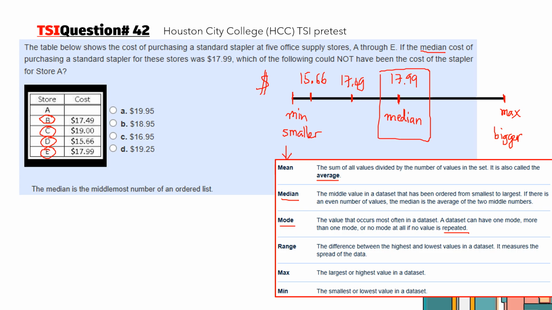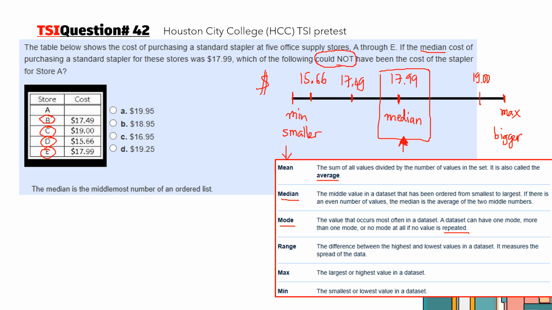Okay, so the question is asking which of the following could not have been the cost of the staplers for store A. Let's check, because the median is the middle number, right?